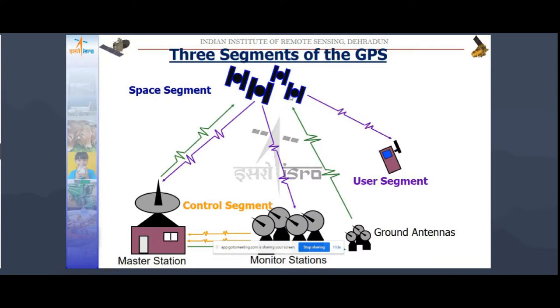Secondly, from the ground, we have two types of stations. One is the master control station, and another is the monitoring stations. The monitoring stations continuously monitor or track these GPS satellites.